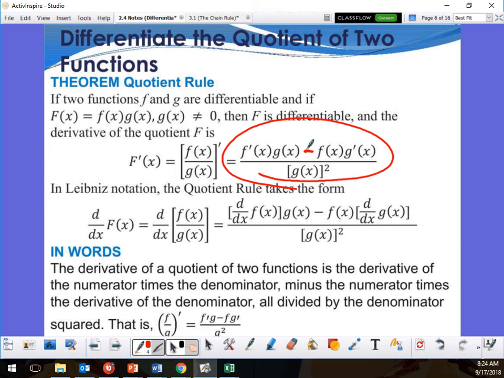This is now minus, and then it's over this squared. So I rearranged the format for your formula sheet. If you guys actually look at formula sheets, it's kind of out of order on this, but it's fine. I made this one. I made the other one according to this. Okay, so quotient has a minus sign, and it's over g squared.